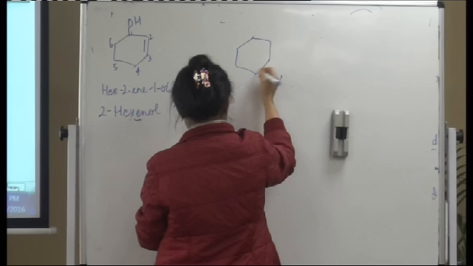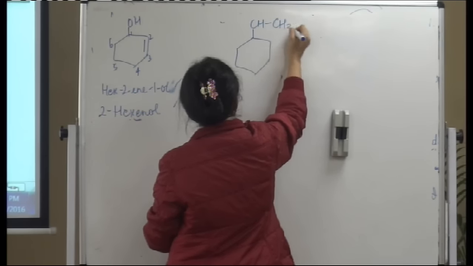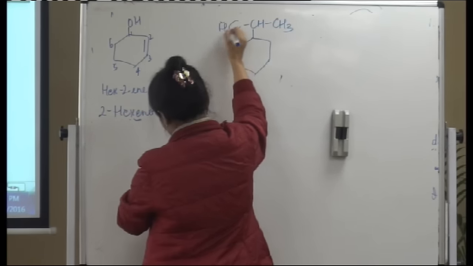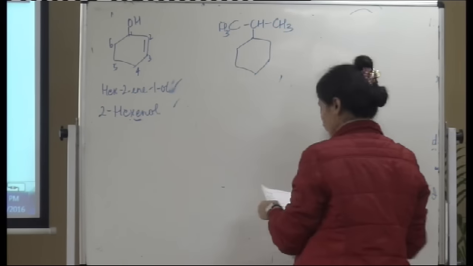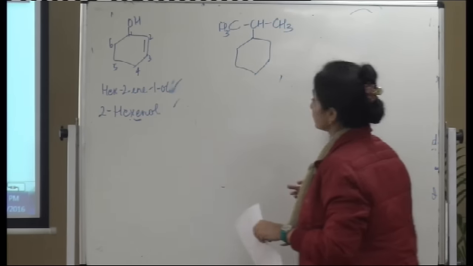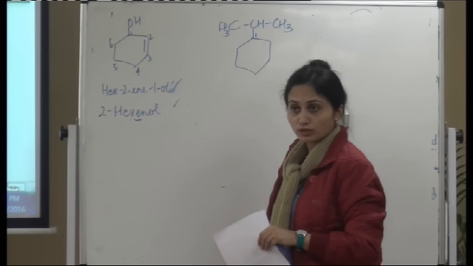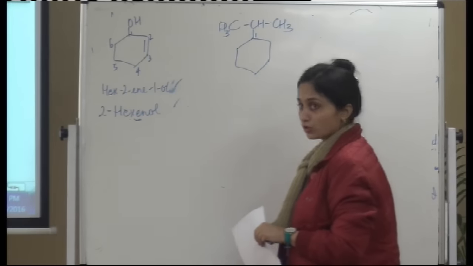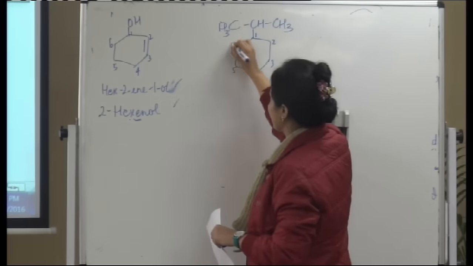Then let me just give you a little more complicated one. Say this is this, and here you have CH3, and you have a CH3 here again. So what about this case? Here your numbering will start from the side group only, wherever you have a side functional group. So you will have 1, 2, 3, 4, 5, 6, that's visible.